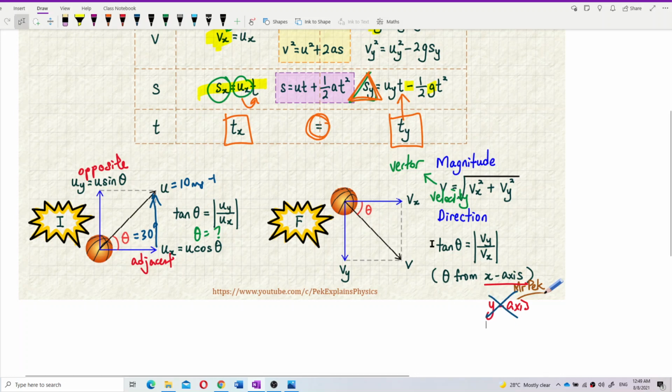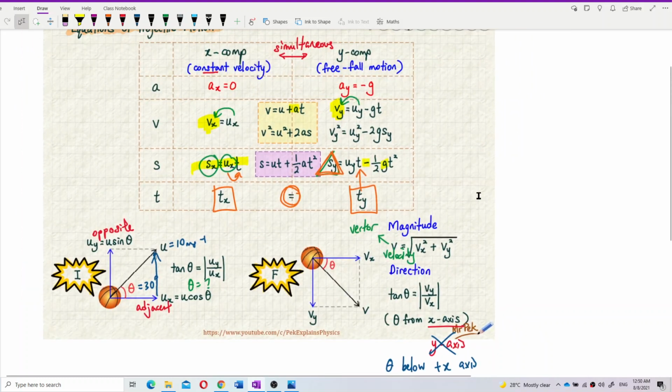We always refer from the x-axis, never from the y-axis. For this example, this is theta degree below positive x-axis. You don't just give the angle theta. You must also mention below or above the positive x-axis. So remember, for the final velocity, don't just give the magnitude. You must also give the direction.